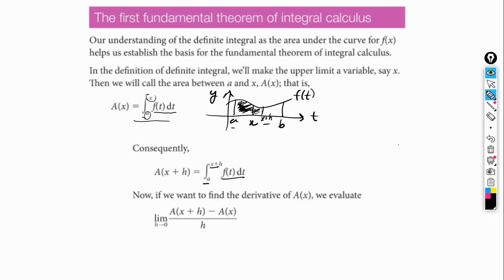But now we want to do something here, which is to find the derivative of A. So notice that if we use the definition of derivative with limits, recall that it's the limit as h approaches 0 of A of x plus h minus A of x over h.